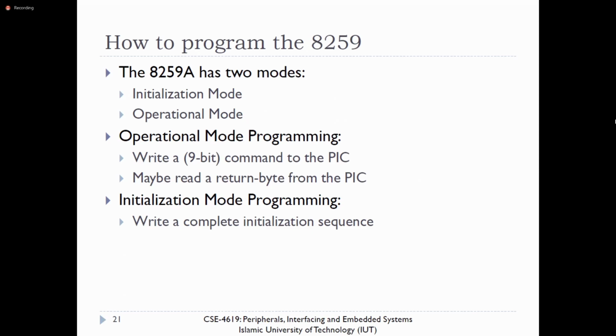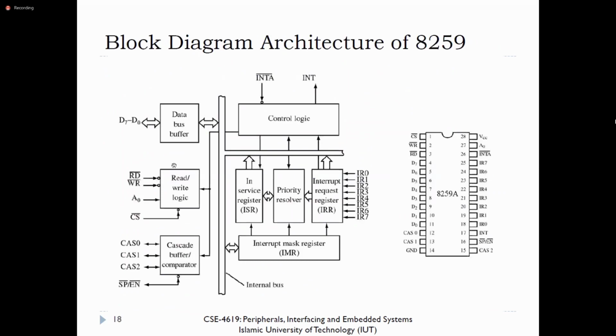You know that from the microprocessor end, we have 8-bit pins D0 up to D7. But now how can the microprocessor place 9 bits? So here comes the use of A0. This is the address pin.